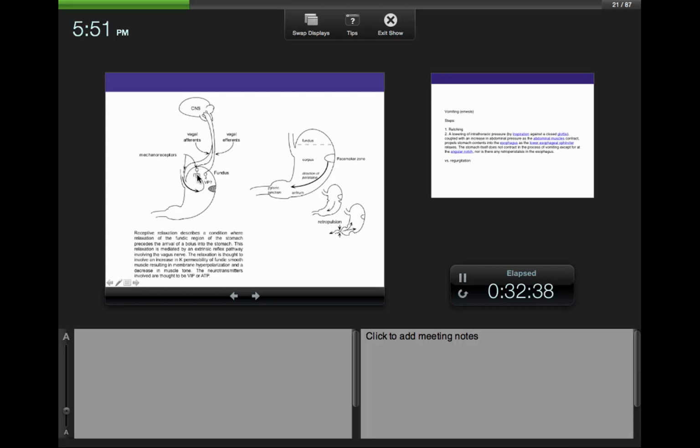So as soon as you eat a little bit of food, there's going to be a certain amount of stretch in the fundus. That's going to send a signal to the central nervous system, all the way to the brain by the vagal afferents. And then the brain sends a signal back to the stomach by the vagal efferents. A lot of times it's mediated through this VIP.